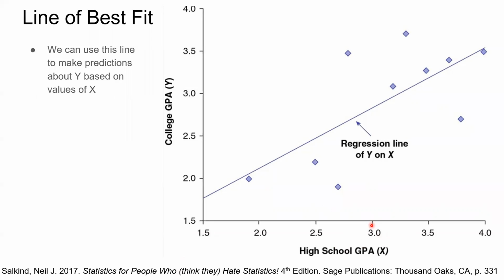It may not be exactly right, but it is the best prediction that we can make based on that regression line. So we would run vertically up this x-axis until we got to the regression line, and then we would run horizontally across to the y-axis, and we would anticipate a GPA of about 2.8 for a student that had a high school GPA of 3.0.